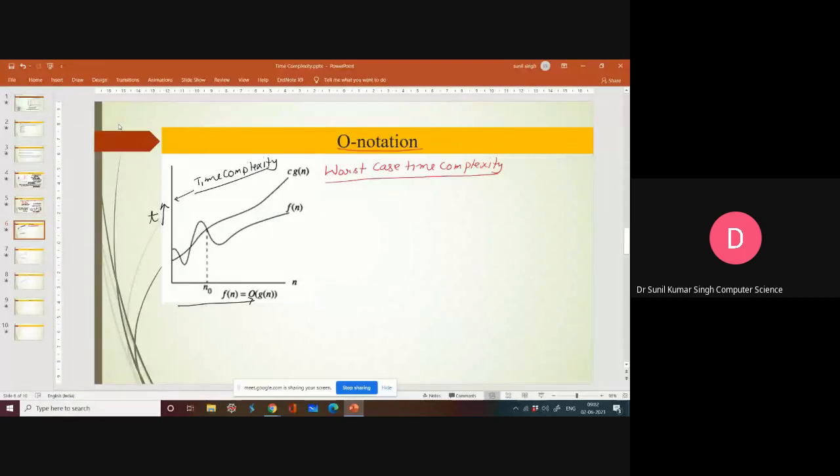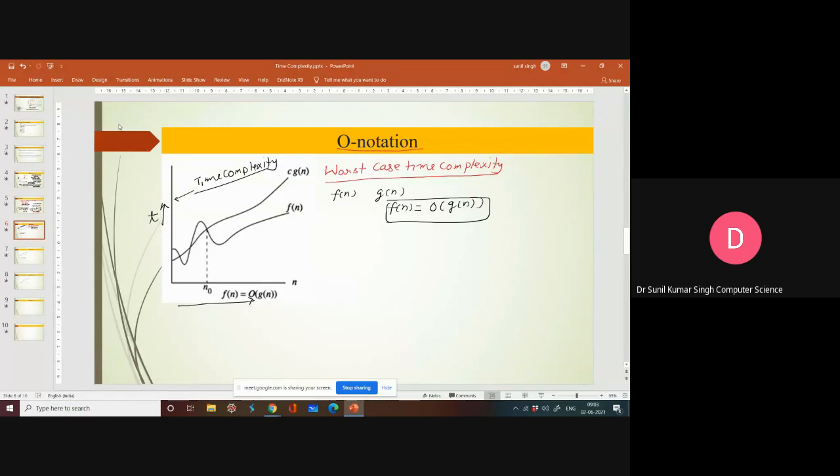And we have to again think about whether, for these two given functions fn and gn, it is possible to represent the worst case time complexity of function fn in terms of gn or not.